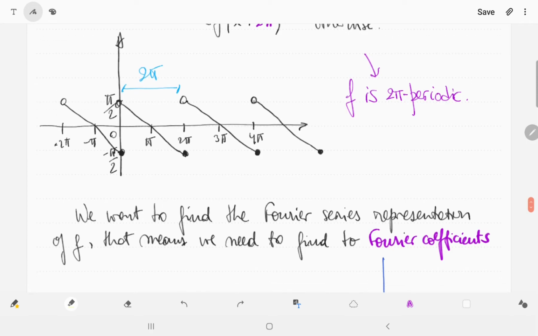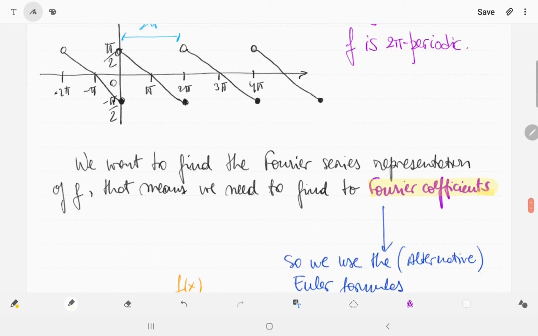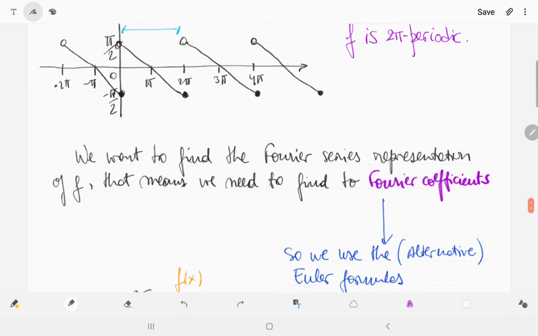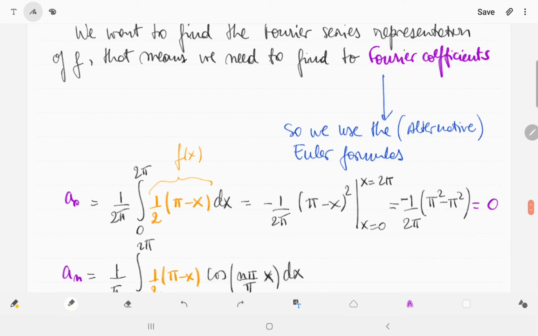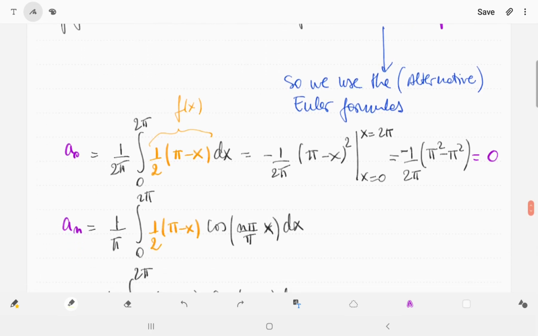So imagine that we want to find the Fourier series representation of this f. That means that we need to find the Fourier coefficients of f. We are going to use Euler's formulas. The first coefficient a0 we can compute with the formula.